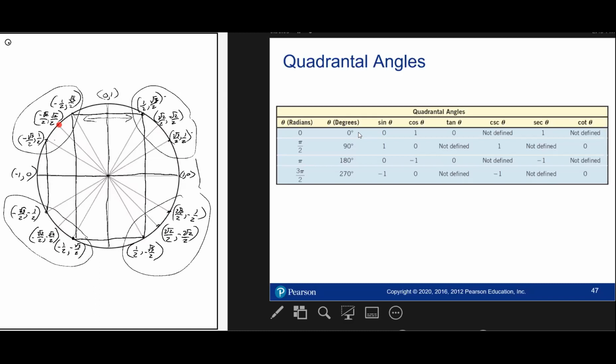And so, the 45-degree angles, since x and y are the same value, it's just a matter of figuring out what quadrant you're supposed to be in on the unit circle. And then these sets of angles have that same symmetry. So I drew this again.